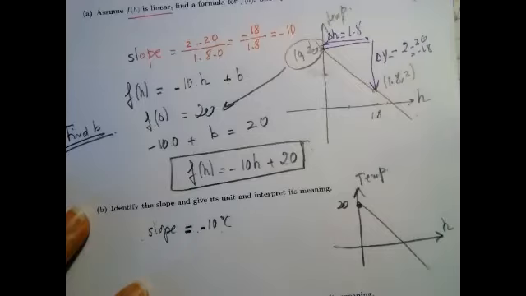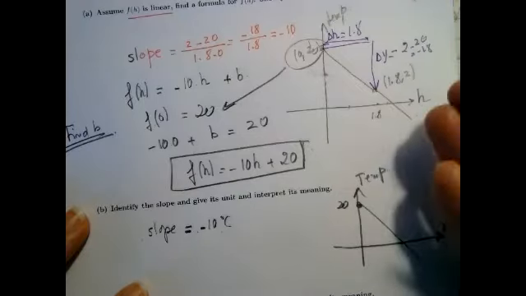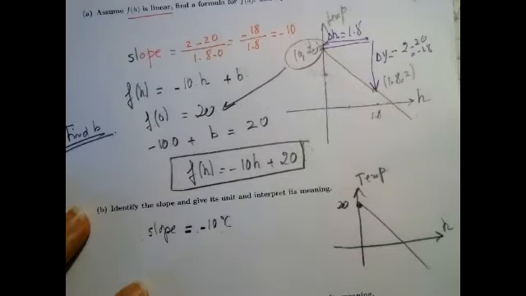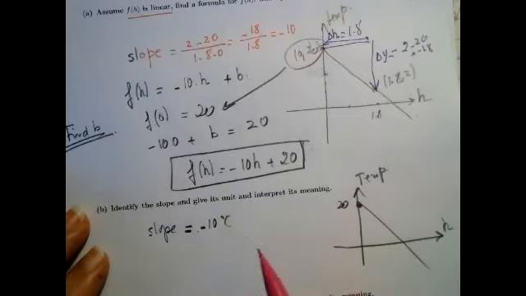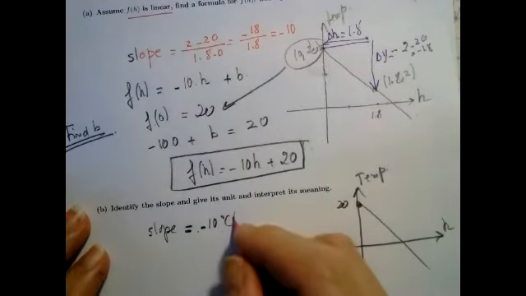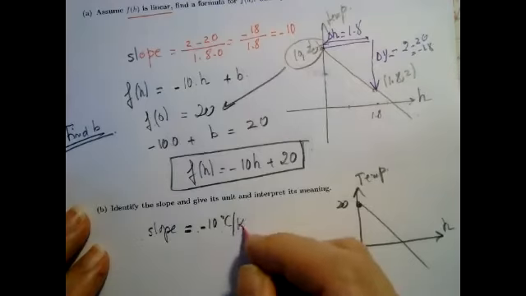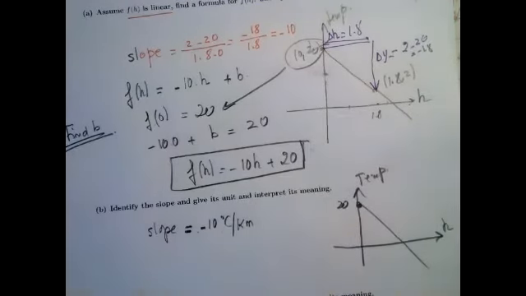Remember, the slope is how much your output changes per unit of input. What do I mean by that? It means the -10 degrees Celsius represents a drop in temperature for every kilometer. It's like a speed.